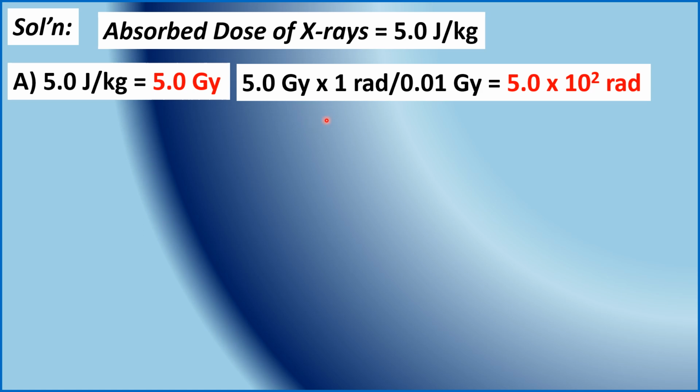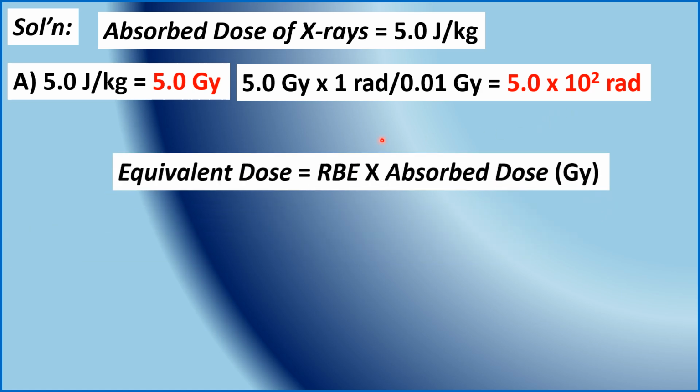We just convert 5.0 gray to rad by multiplying 5.0 gray by the conversion factor, 1 rad has 0.01 gray. So the unit gray cancels out, and what we have is 5.0 times 10 to the second power rad, or 500 rads.